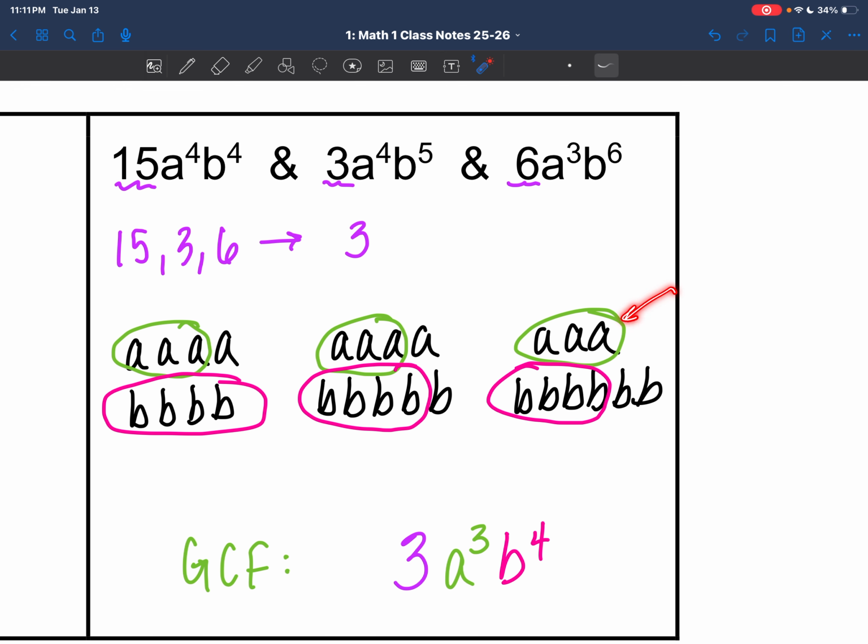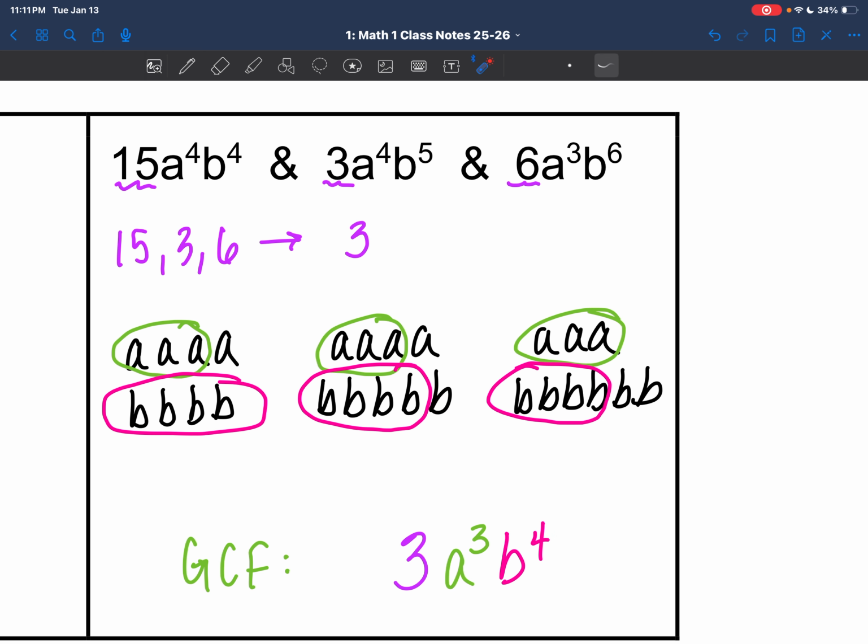The smallest number of a's we have is a to the 3rd power, so you can only take out 3 from each group. And for b, the smallest group is 4, so I can only take 4 b's out.